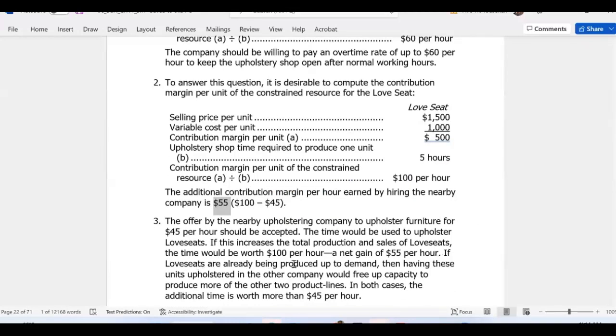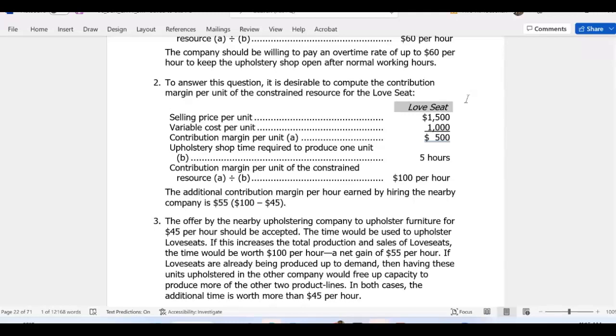If love seats are already being produced up to demand, then having this unit upholstered in other companies would free up capacity to produce more of the other 2 products. Remember, the labor is our constraint. So we can free up our labor and do the other product. In both cases, the additional time is worth more than $45 per hour. So it's a good idea to let them do the love seat, which is easy.